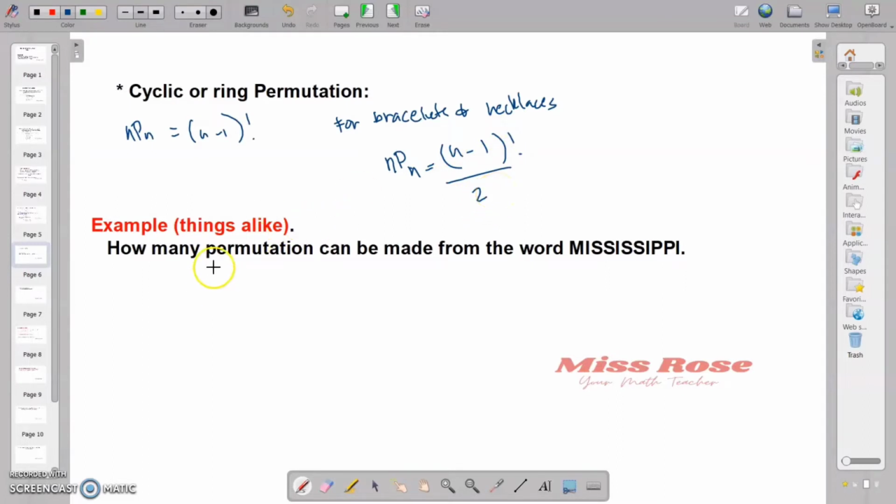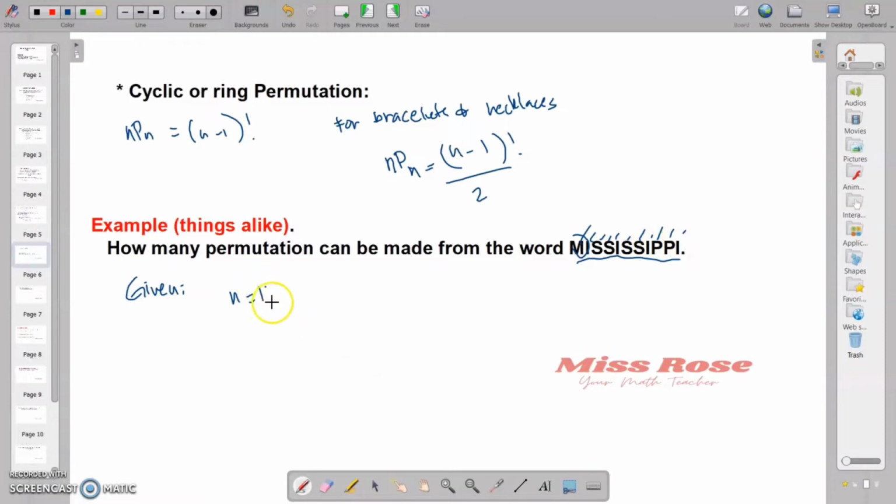So example, for the formula with things alike: how many permutations can be made from the word Mississippi? First, state the given. n is the number of letters in the word Mississippi. 1, 2, 3, 4, 5, 6, 7, 8, 9, 10, 11.